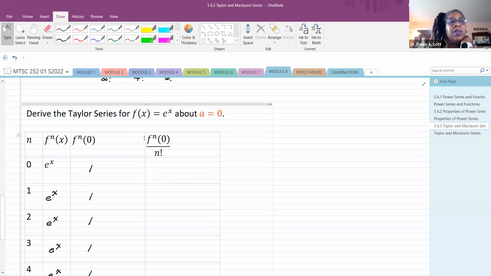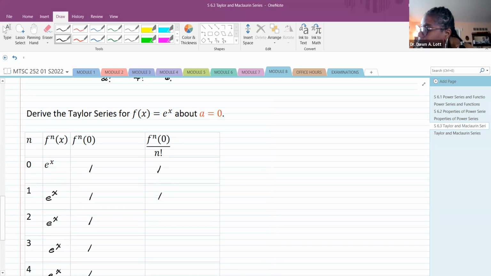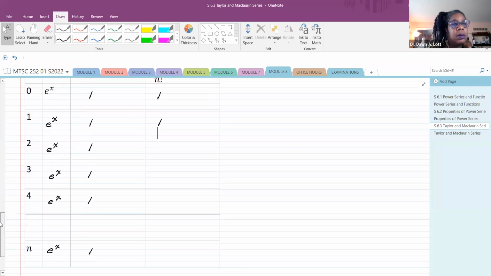Okay, so I need the nth derivative at 0 over n factorial. So this will be 0 factorial is 1. 1 factorial is 1. This is going to be 2 factorial. Oh, sorry, I'm being silly here.